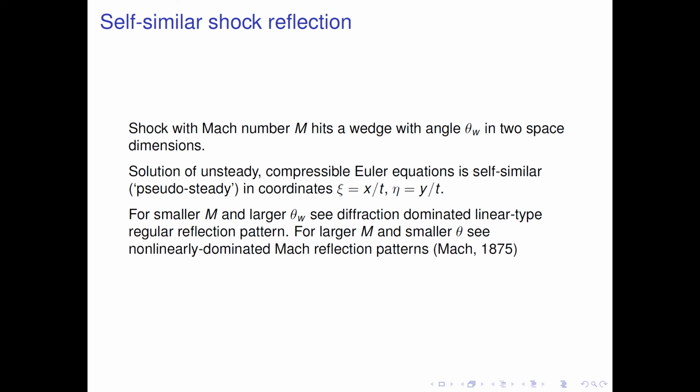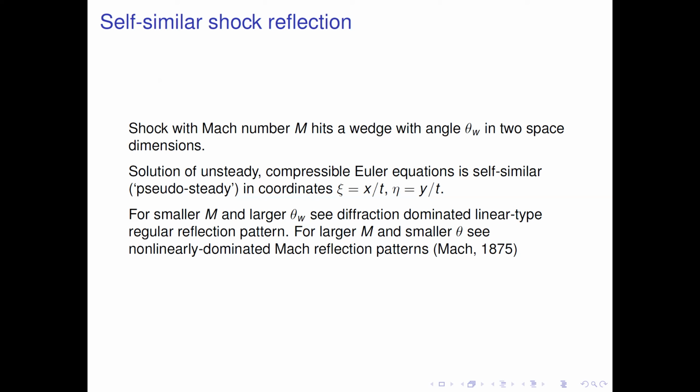You see the incident shock, you see a reflected shock, and you see a diffracted wave like this. So it's like a linear pattern of the wave equation. And this is regular reflection.